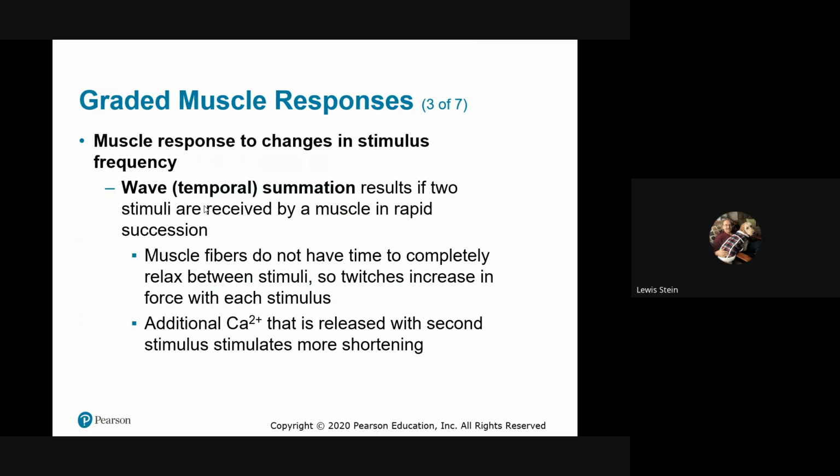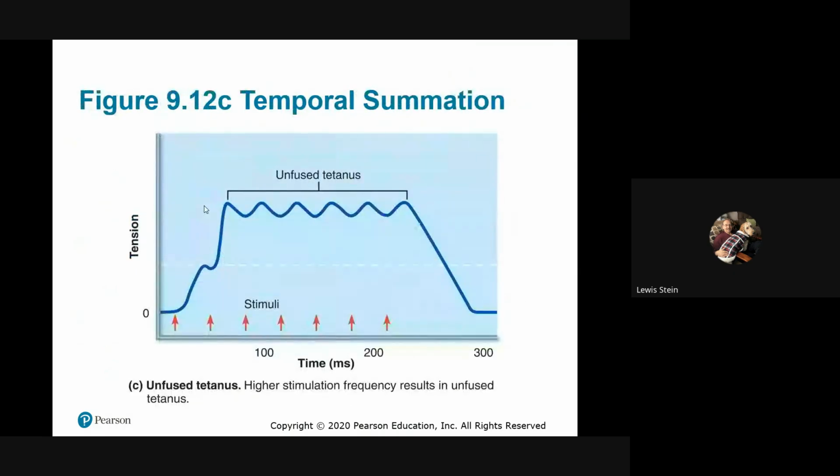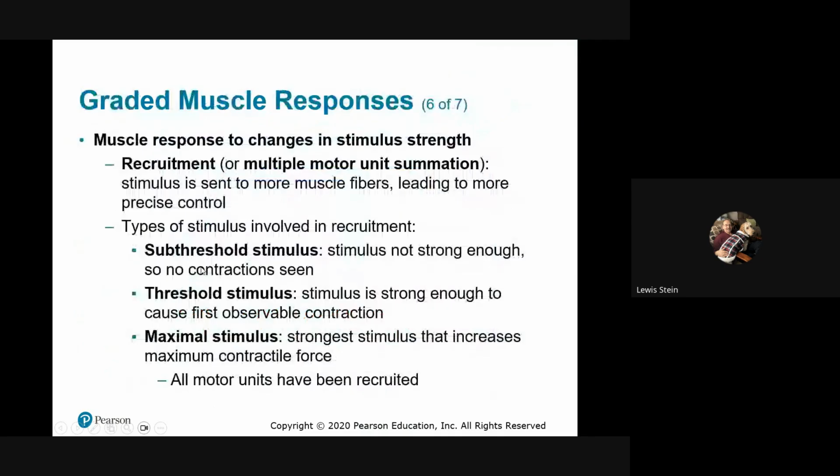So before it gets pumped back in, that sarcoplasmic reticulum to completely relax, we push more out. Because there's always more in there up to a certain point. And we will even try to induce complete tetanus in an injury, in a rehabilitative sense, to effectively manipulate the muscle to fatigue to break spasm. That's really what this whole unit is about.